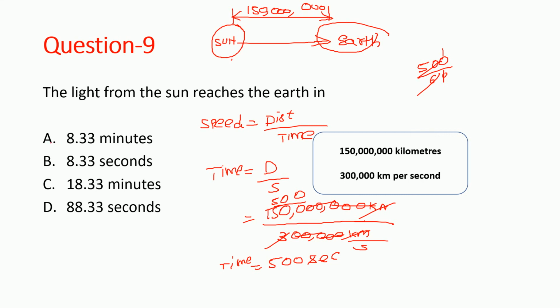So we divide 500 by 60, and it will come as 8.33 minutes. So the time for light from the sun to reach the earth is 8.33 minutes.